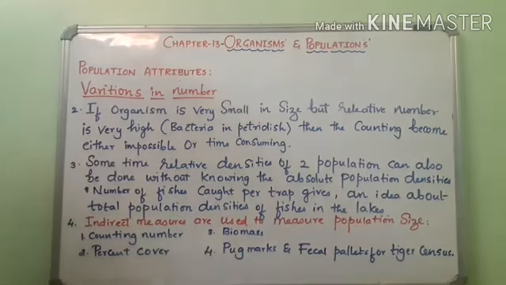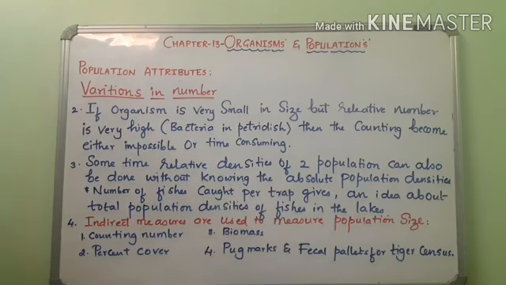Next is the biomass. For example, the banyan tree we just discussed can be measured for population density by using biomass. Next, peg marks or fecal pellets for tiger census.